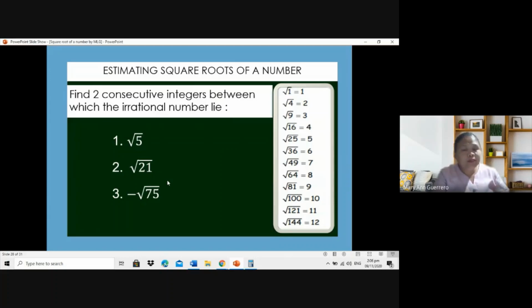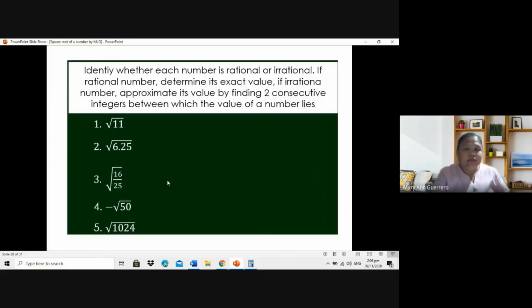Again, the square root of these numbers is irrational, or this number is irrational. Identify whether each number is rational or irrational. If rational, determine its exact value. If irrational number, approximate its value by finding two consecutive integers between which the value of a number lies.